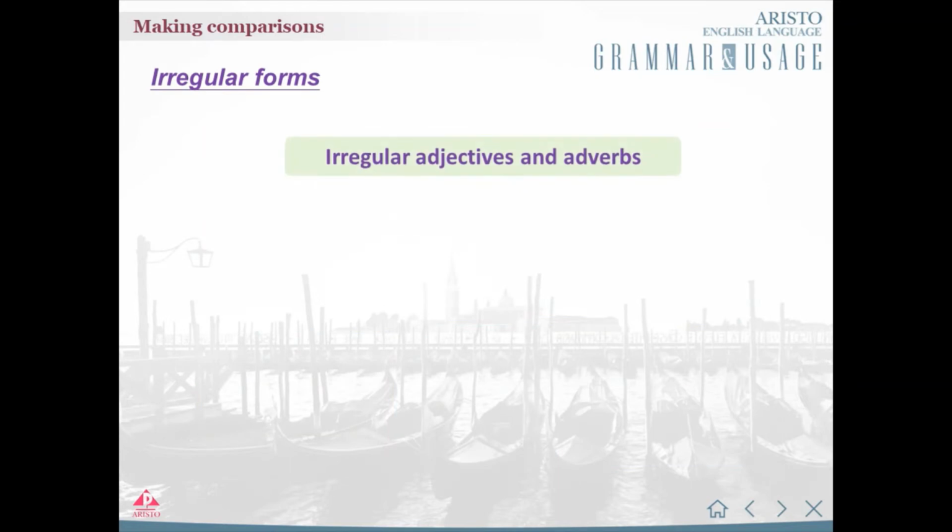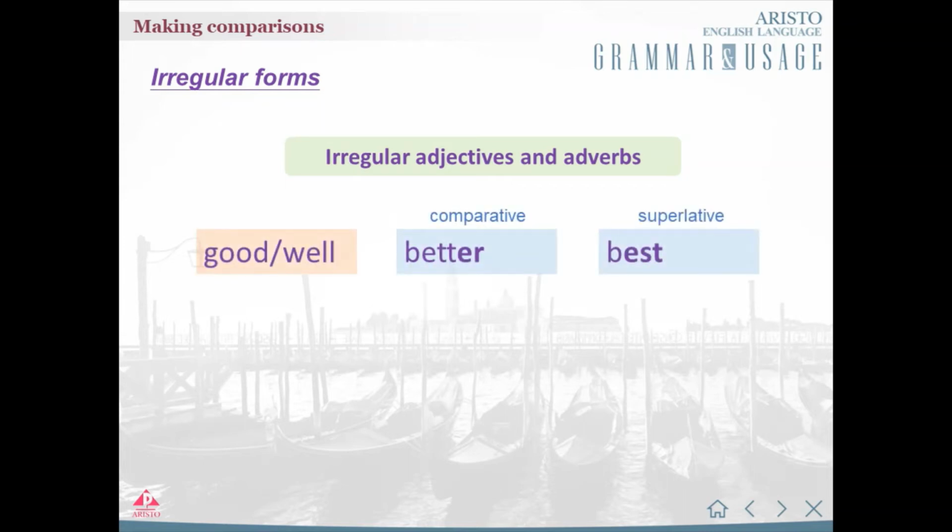Although the comparative and superlative forms of many adjectives and adverbs take the forms we have looked at above, some have irregular forms. Let's take a look at some of them now. First, the comparative form of the adjective good and the adverb well is better, and their superlative form is best. The adjective bad is also irregular.